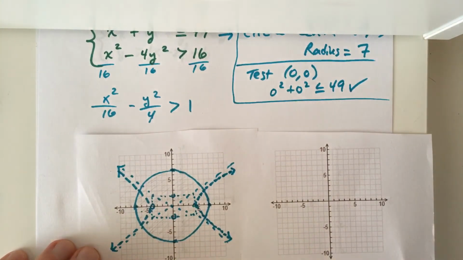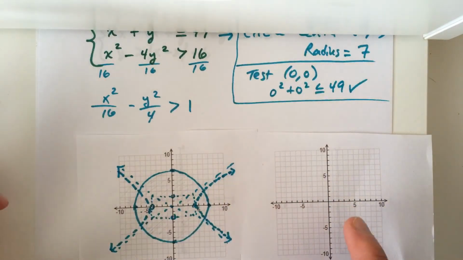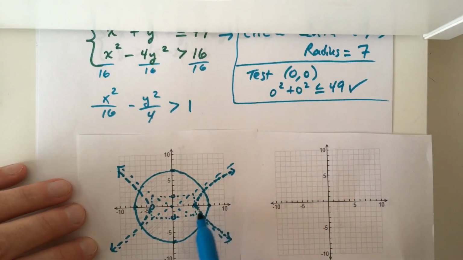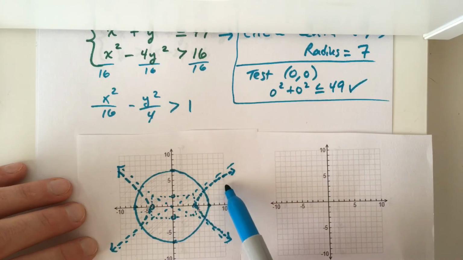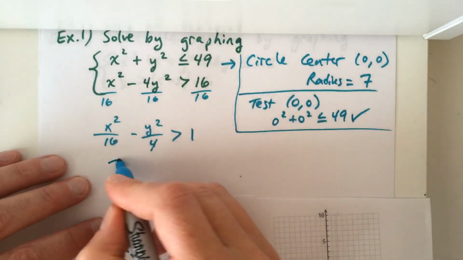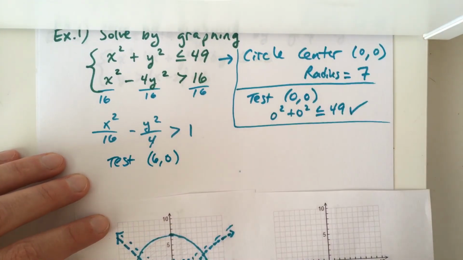But again, we can always test a point. A point that would be outside of the hyperbola looks like we could choose maybe this point right here, 6, 0, or any point would work. You could plug in like 10, 3. But choosing one with a 0 makes it a little bit easier. So I'm going to test the point 6, 0.